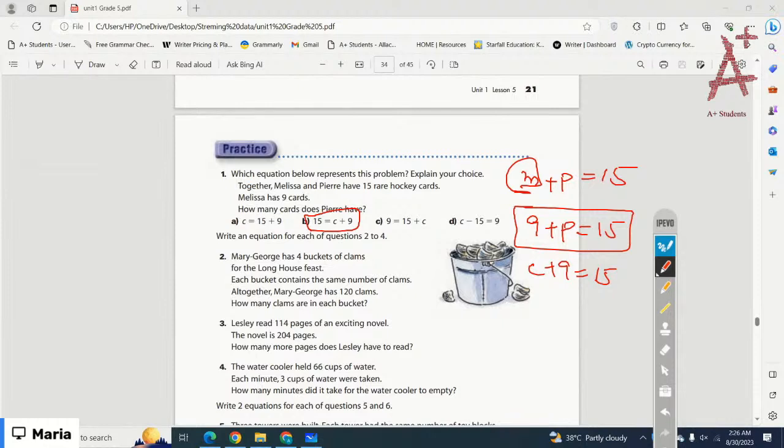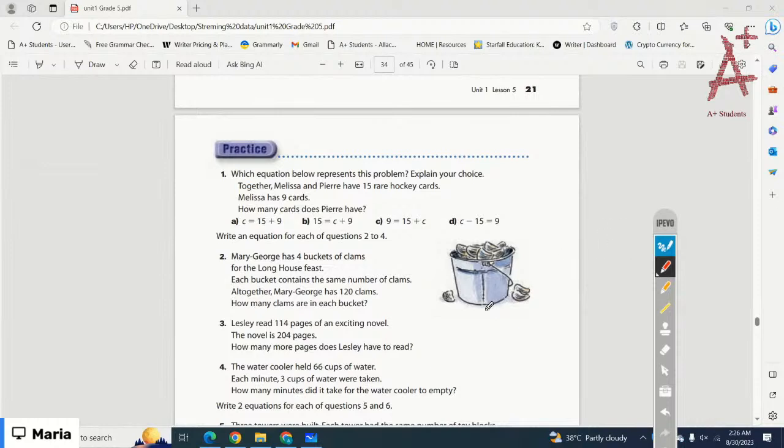Okay. Write an equation for each of questions 2 to 4. You have to write down the equation for questions 2 to 4. Mary George has 4 buckets of clams for the longhouse feast.